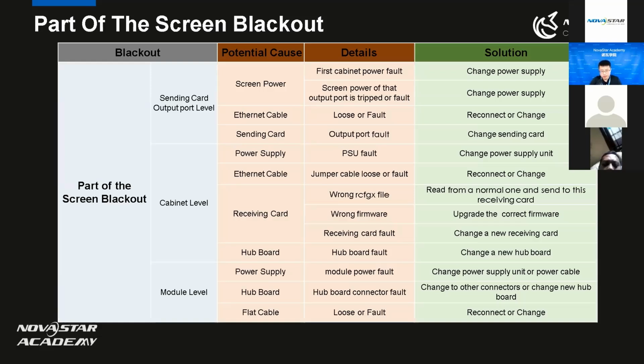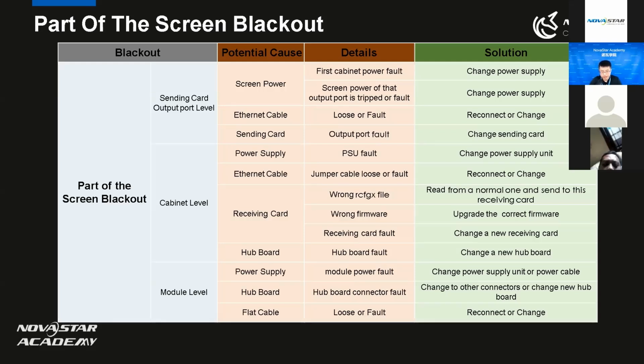And for the sending card, if the sending card output level is black, you may need to check if that output port is broken. So you can try to change the sending card, or use another normally working output to see if the original one is broken.